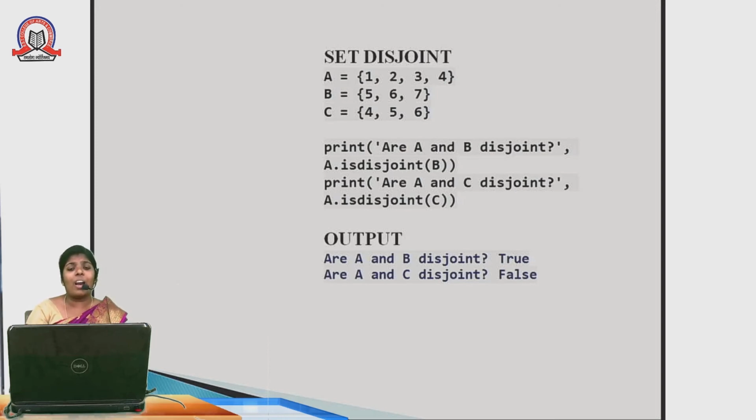Then see here, are A and C disjoint, the output is false, because in A and C a common element is there, that is 4. So if a common element is there between the two sets, then it will write false. So if two sets have a common element, then it will write false. If there is no common element, it will write true. So the function here we want to use is disjoint.